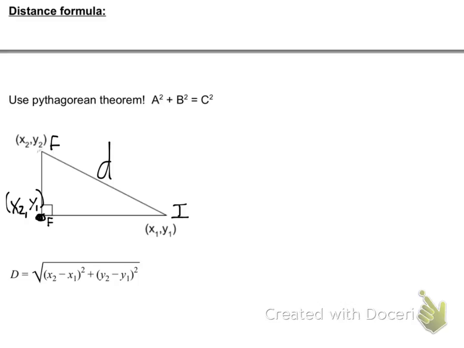X. So what is my change in x from the initial to final? I don't think it's x1 first. If I start here and walk this way, the change in x is x2, my final, minus the initial, x1. Can you guys see that? That's my change in x from those points.